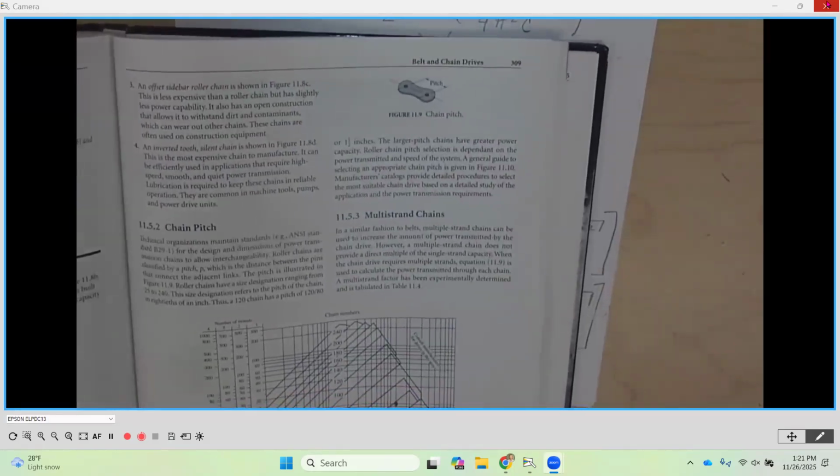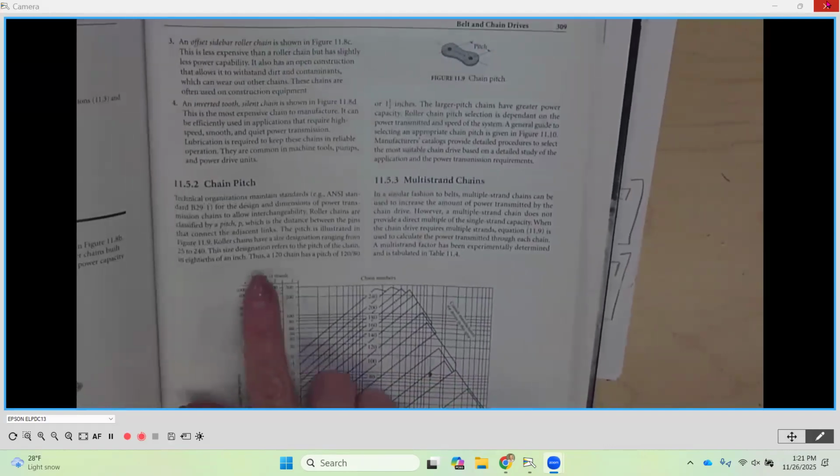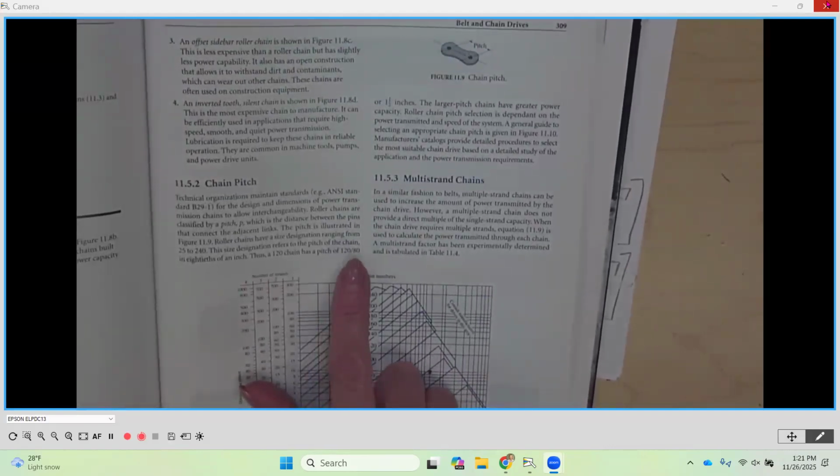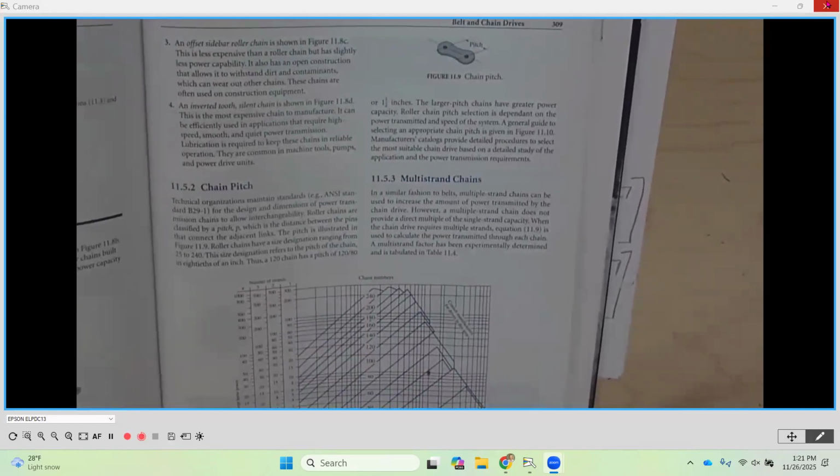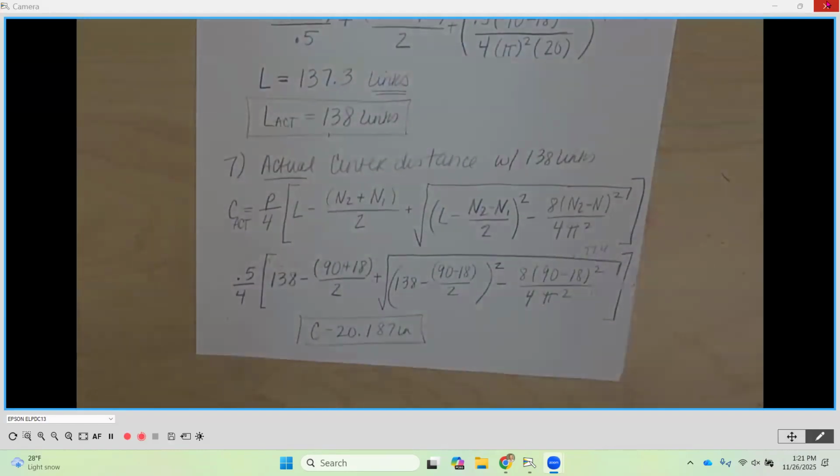I guess they don't have an equation for it, but they talk about how your chain pitch is always divided by 80. It's in the paragraph here and it was also in the PowerPoint. So P is always equal to whatever your chain number is divided by 80. But otherwise, all of those equations are on the same page.